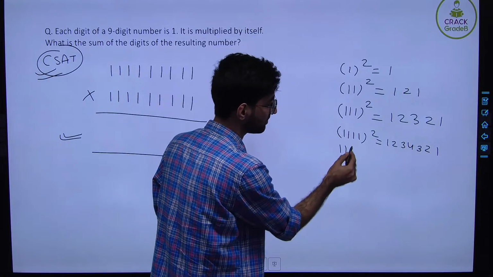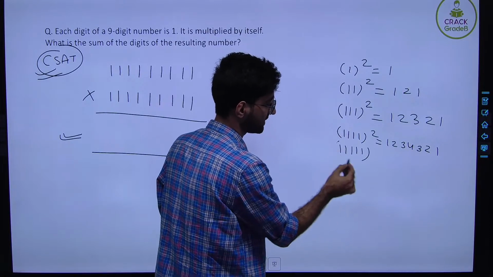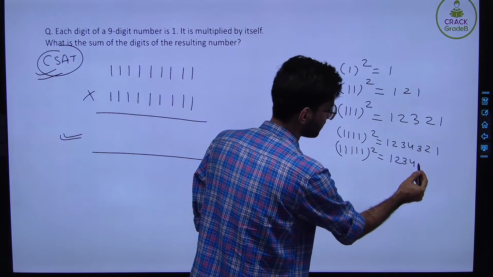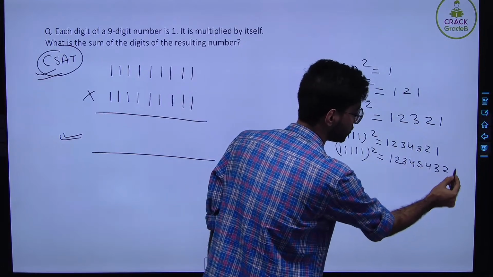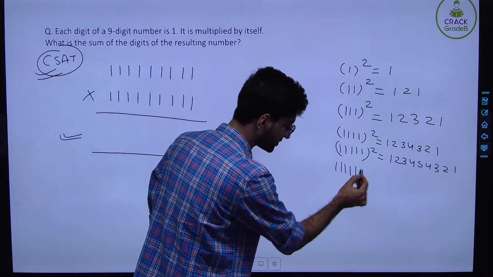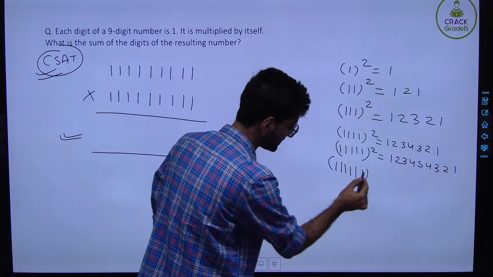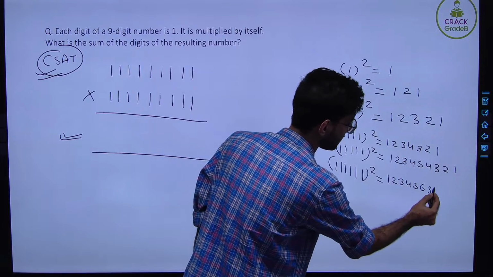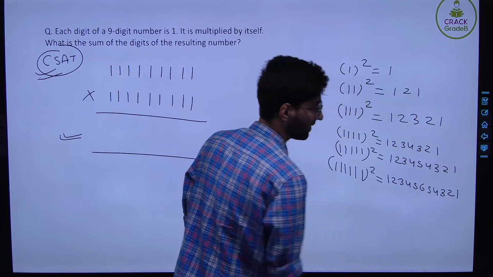So you need to remember this. There are five 1s, so obviously 1 2 3 4 5, then 4 3 2 1. Now if they give you six 1s, obviously you will write 1 2 3 4 5 6 5 4 3 2 1, right?